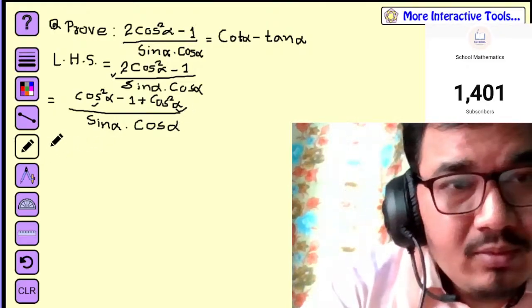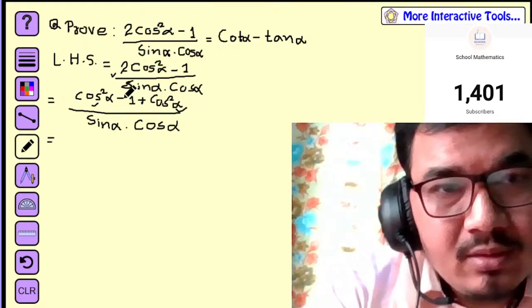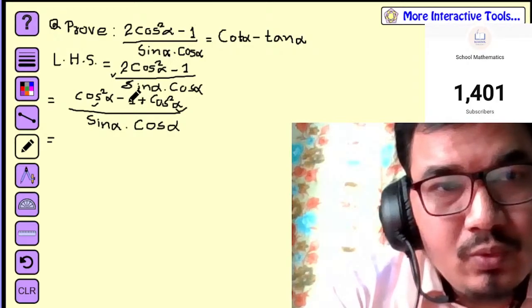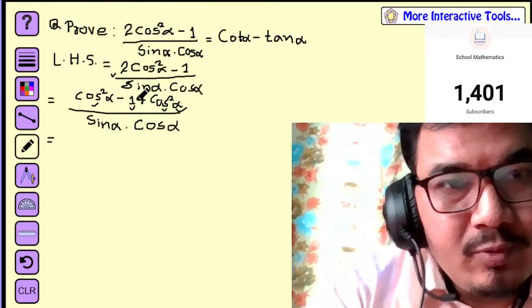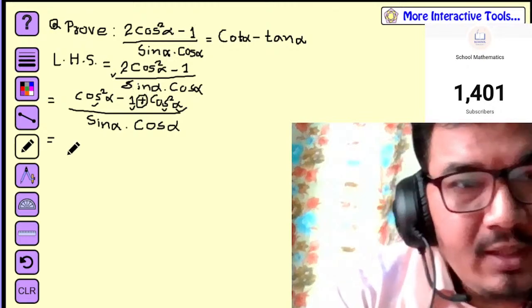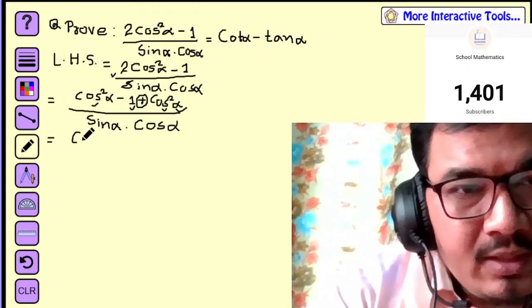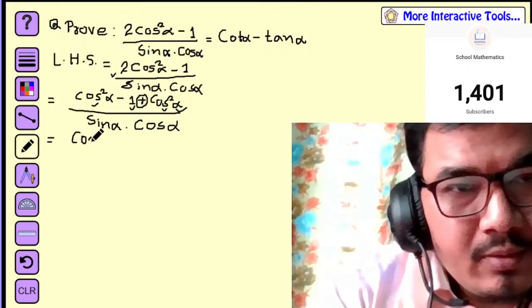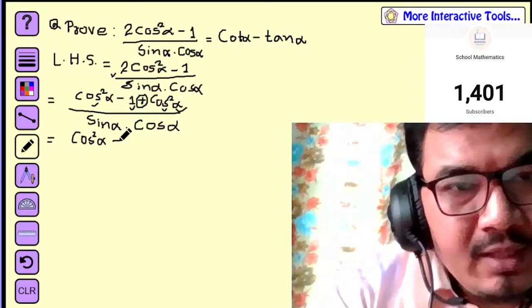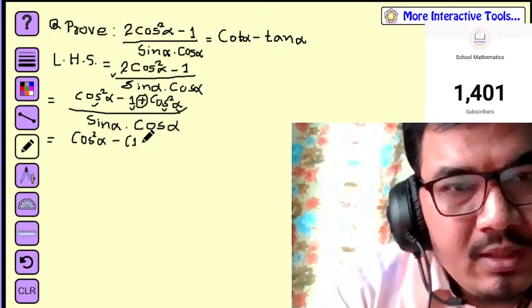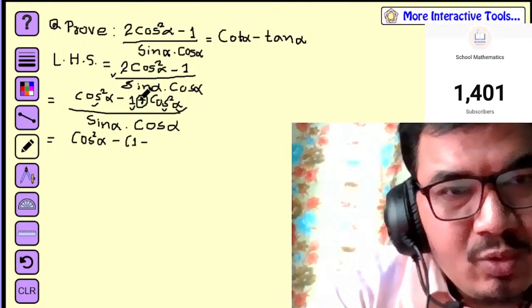Clear? Now, when we take the common from these two terms, minus 1 and cos square alpha, in this plus there are two minus. That's why write like this, look here: cos square alpha minus, we take common minus, and in the bracket remaining 1 and minus, because in this plus there are two minus.